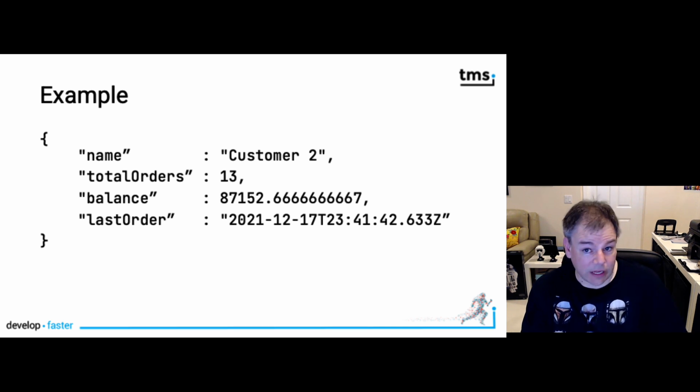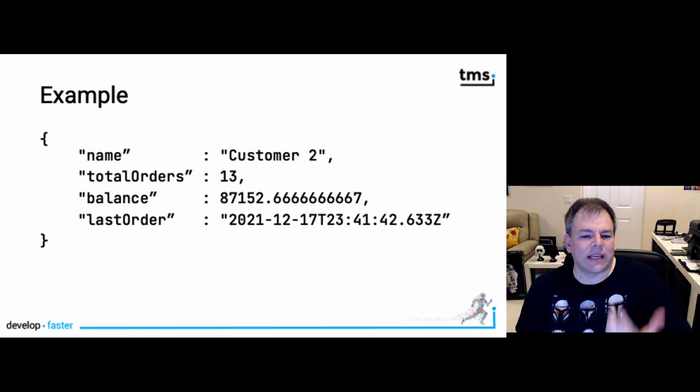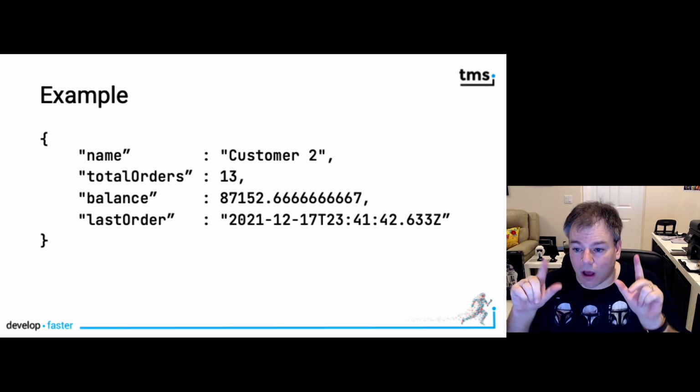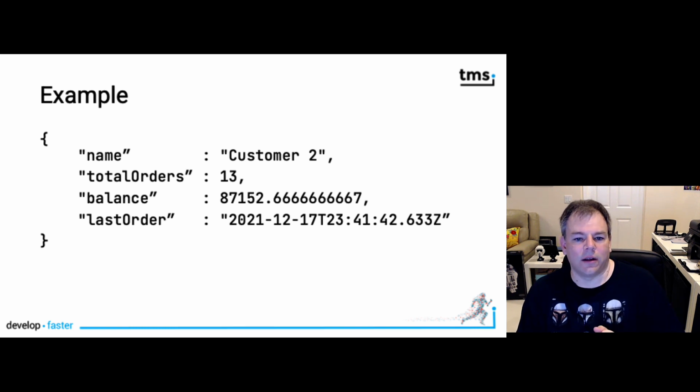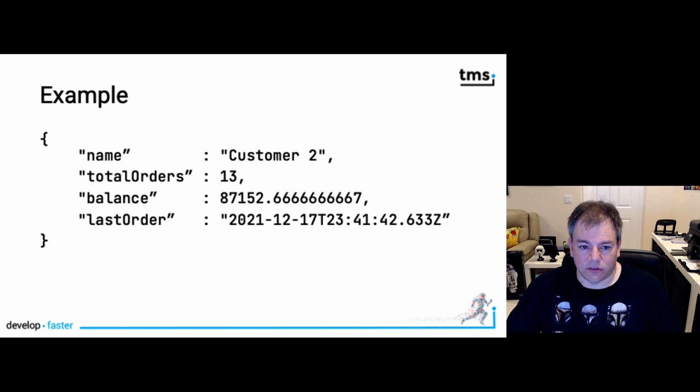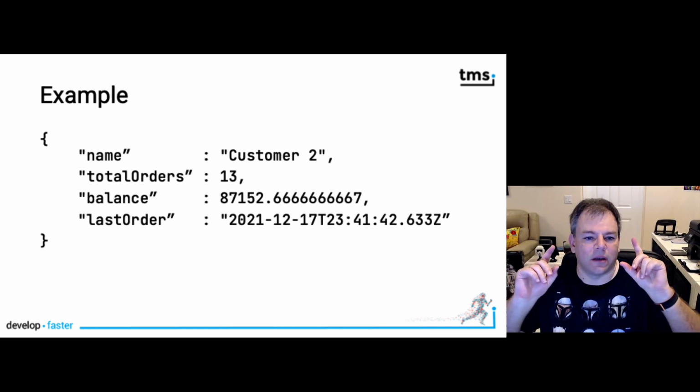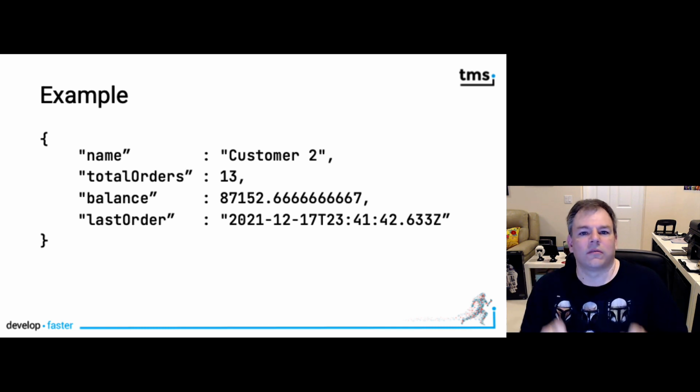And if we instantiate one object of a customer and were to convert it or serialize it to JSON, this is what it would look like. So let's look at this JSON string in detail. JSON starts with curly braces, and that means an object starts.